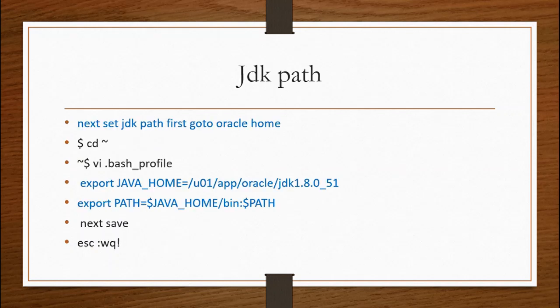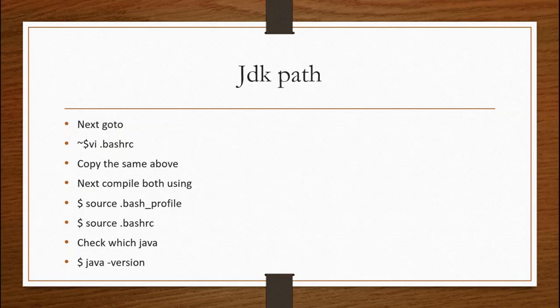Next, set the JDK path in bash profile. These two statements are copied into bash profile and saved, and you can also save those two lines in bashrc. After completion, you can compile by using source bash profile and bashrc.